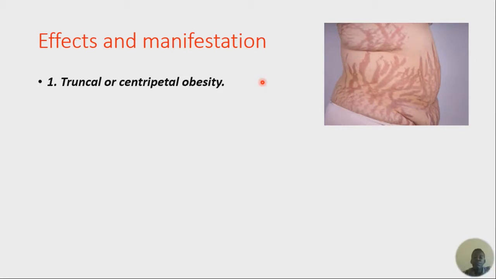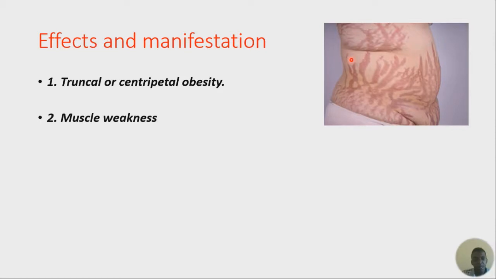You can have fat deposited at the back of your body to form a hump, like a buffalo hump. Then you can have deposition around the trunk, as you see in this picture.